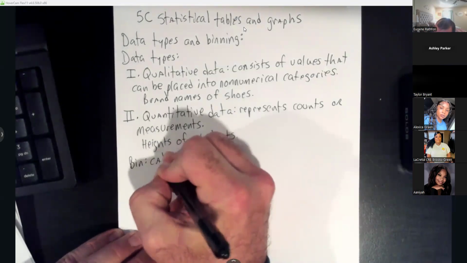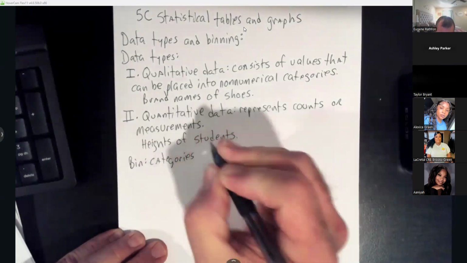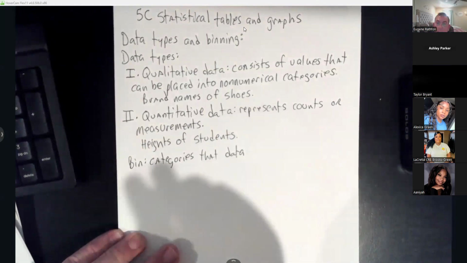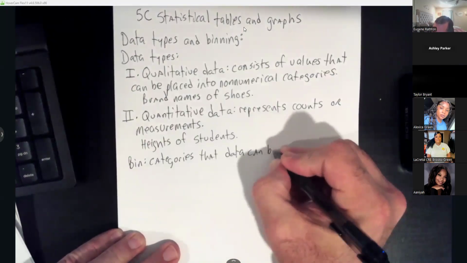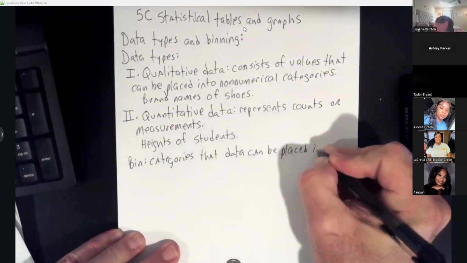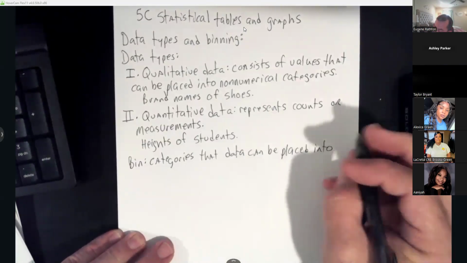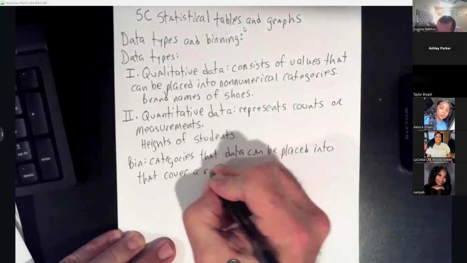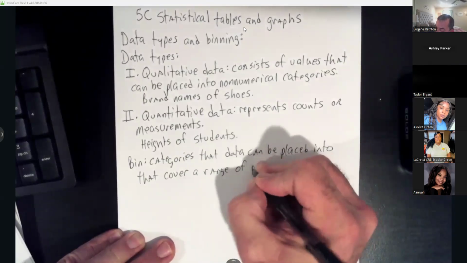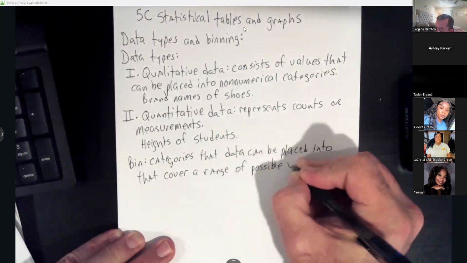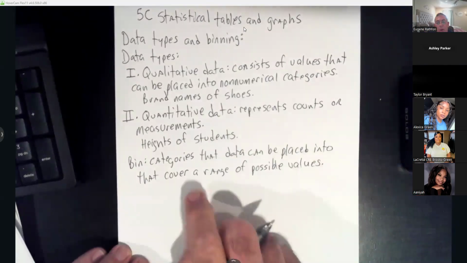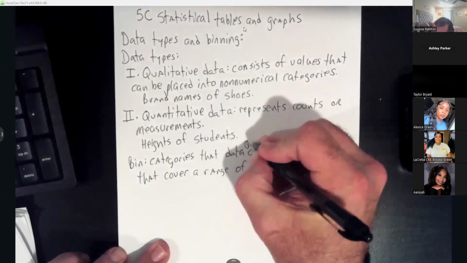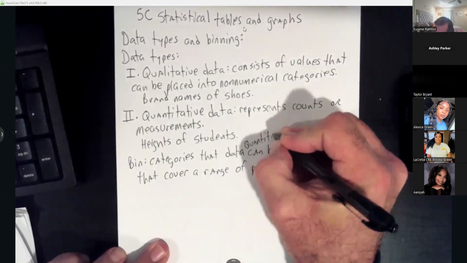So these are categories that data can be placed into that cover a range of possible values. So, y'all, what do we mean by this? And this is usually quantitative data. So, let's put that right here. Quantitative data does this.